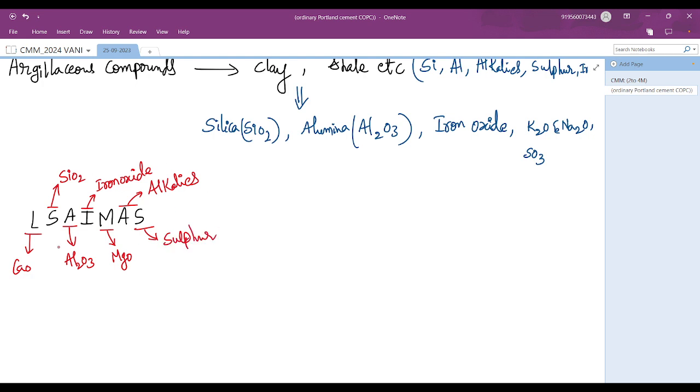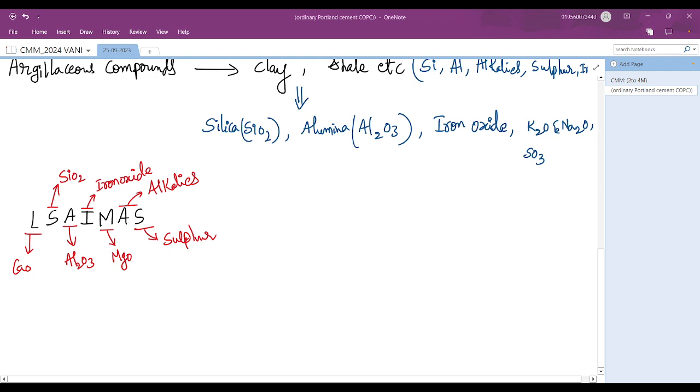Now, are you clear about the ingredients present in cement in descending order, from lime to sulfur? Please respond. L-SIMAS: L is lime, S is silica, A is alumina, I is iron oxide, M is magnesia, MgO, A is alkalis, and S is sulfur or sulfur trioxide.